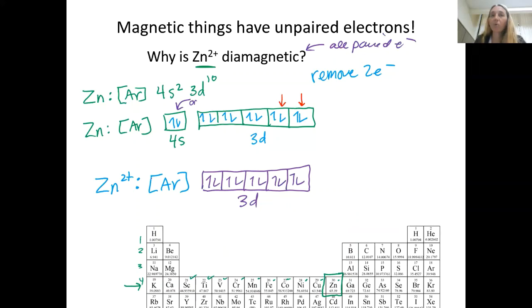So I'm removing these 4s electrons, and I'm left with 3d. So it's diamagnetic because I've removed those 4s electrons. Zinc is more stable because this electron configuration is completely full.